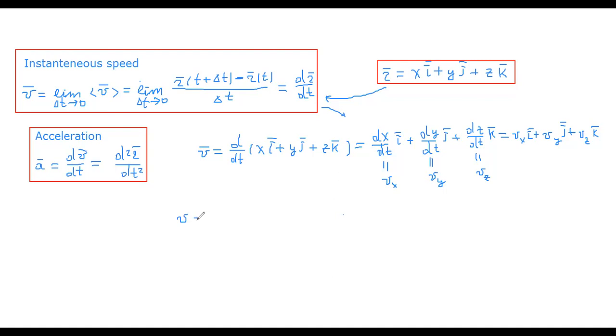We can write v without the vector arrow, in absolute value. Do you remember how to find the absolute value of a vector?